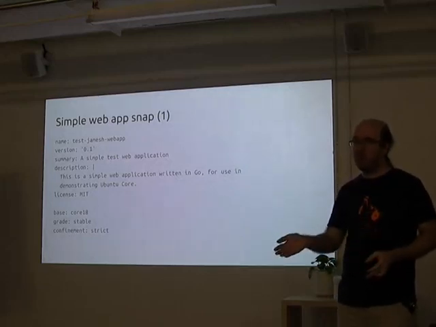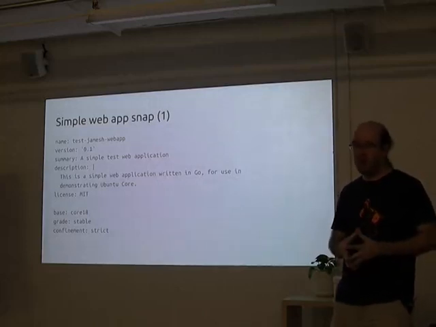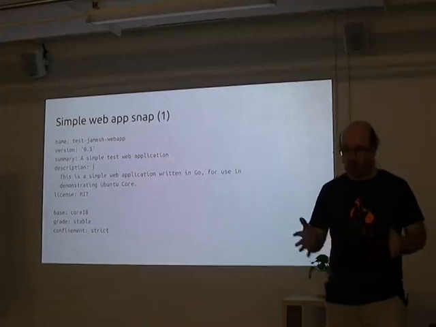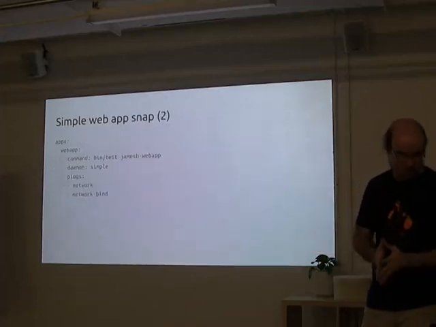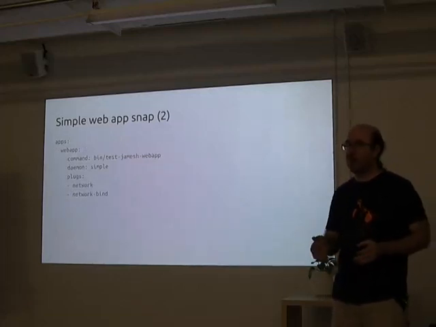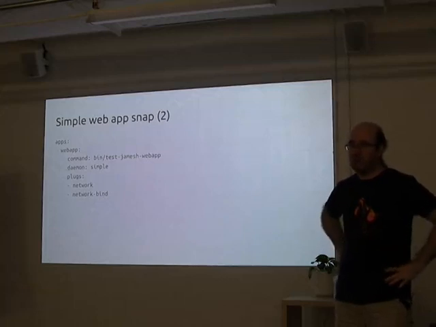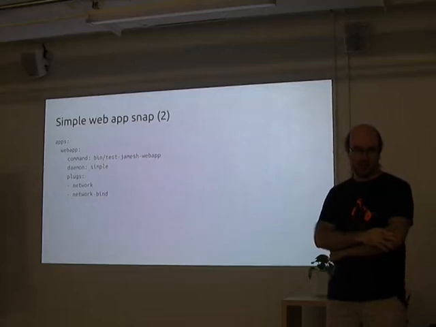There's other versions for the confinement which you can use for snaps aimed at the desktop, but if you are building an Ubuntu Core system, your application needs to be able to run with strict confinement. So that's what I've done here. Then I can have an apps section which describes one or more entry points to the snap.